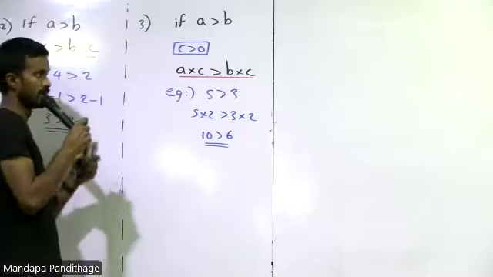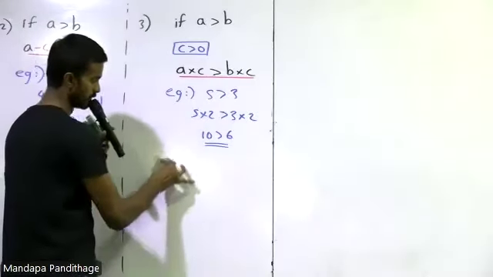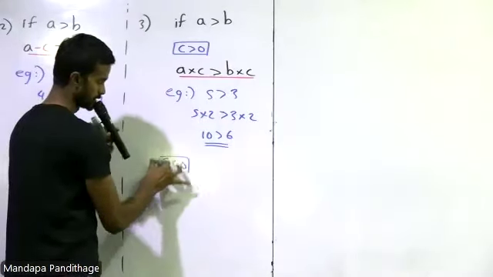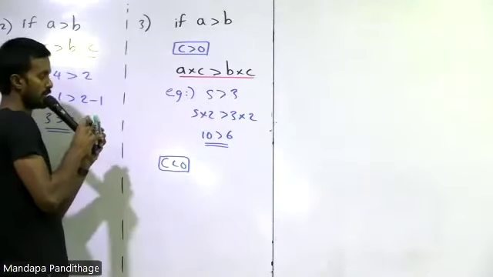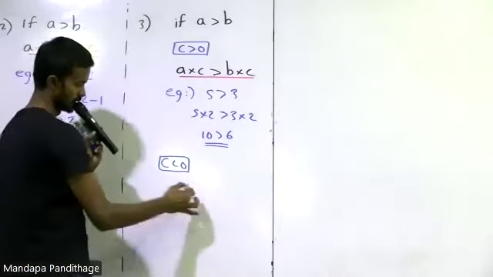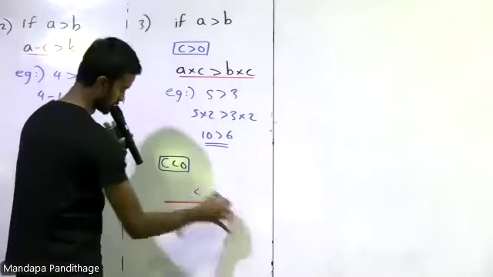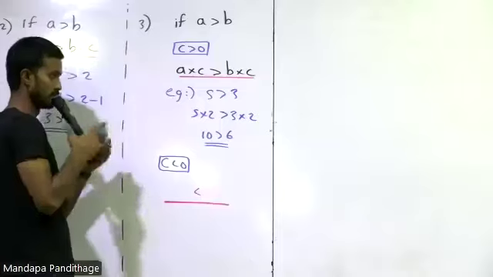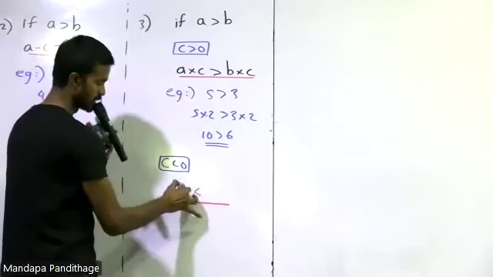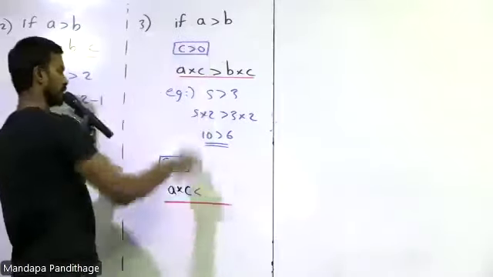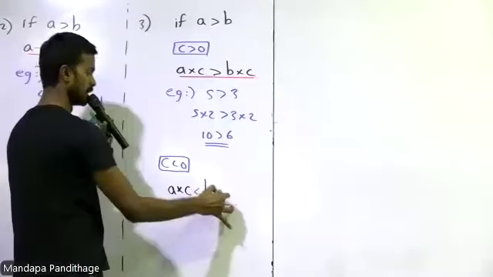But on the other hand, if C is negative, I told you that you have to make sure the sign changes. The sign changes when you multiply by C. When C is negative, previously it was greater than, now it becomes less than.